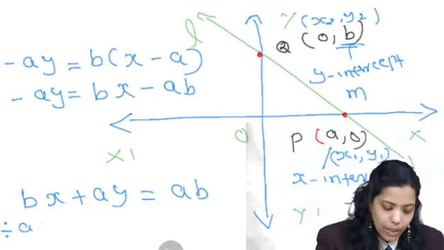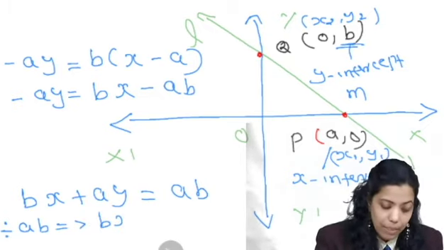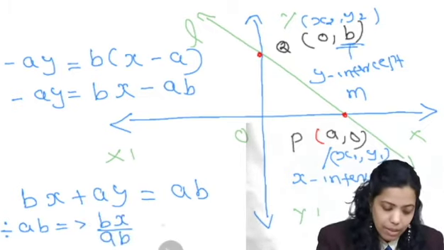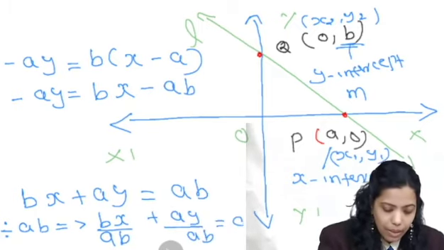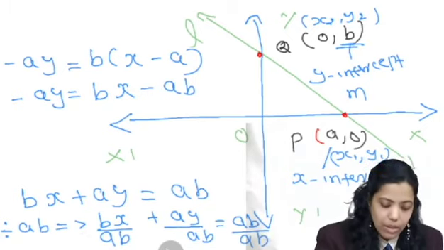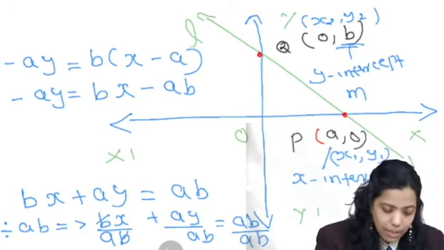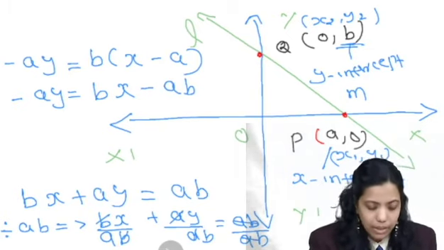Now here we can do one thing. We are going to divide throughout by ab. So what will happen over here? bx by ab, separately I am doing that one, plus ay by ab equal to ab by ab. On the left hand side, b and b will get cancelled, and in the second term a and a will get cancelled, and on the right side ab and ab will get cancelled.